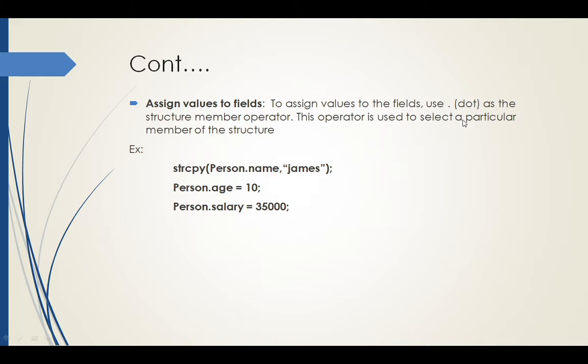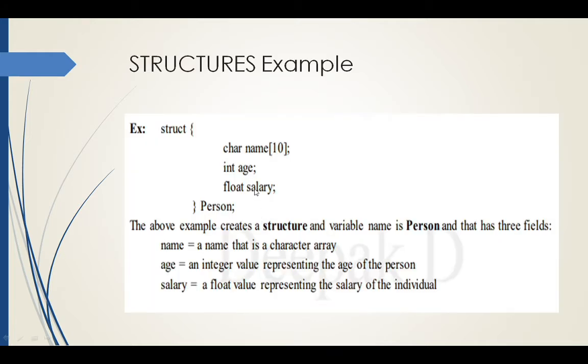This operator is used to select a particular member of the structure. Person is the structure variable, so first you should write the structure variable name, followed by the dot operator, then the name of the member. Name, age, salary are the structure members. And what is the name of the structure here? Person.